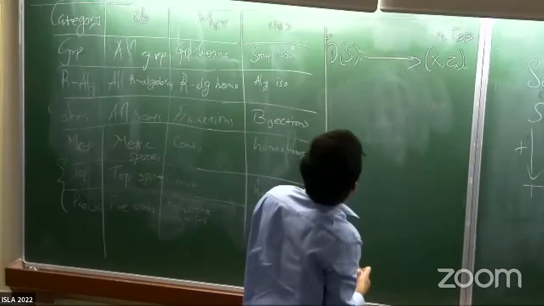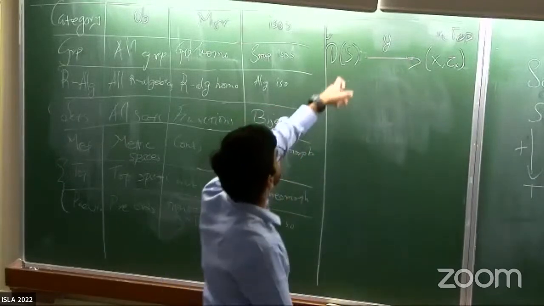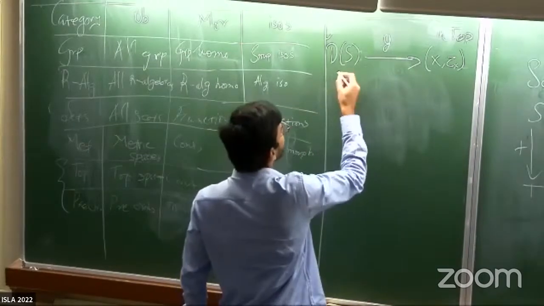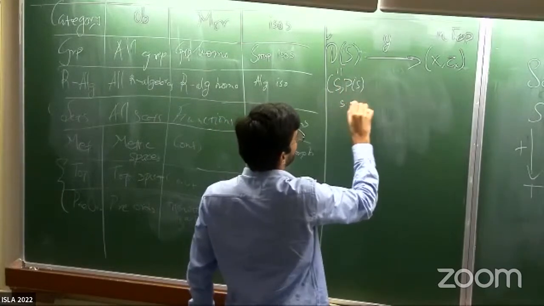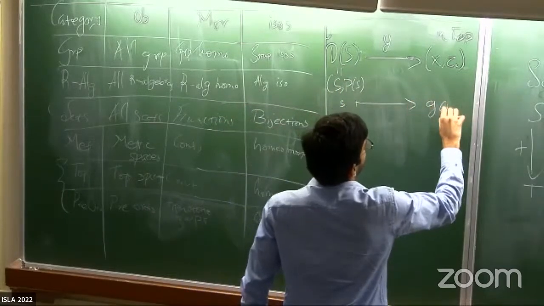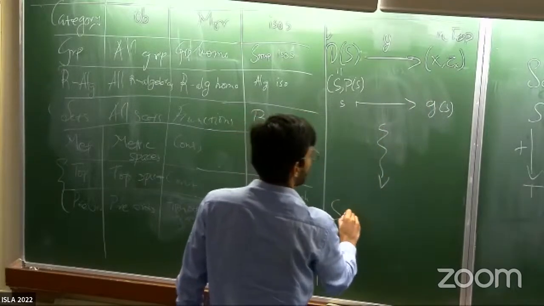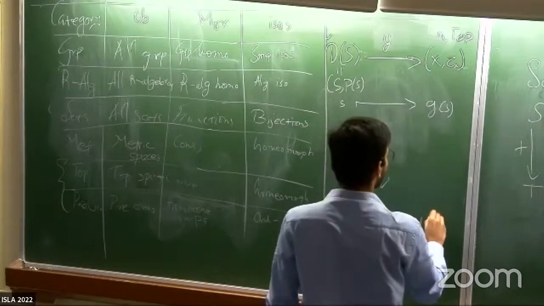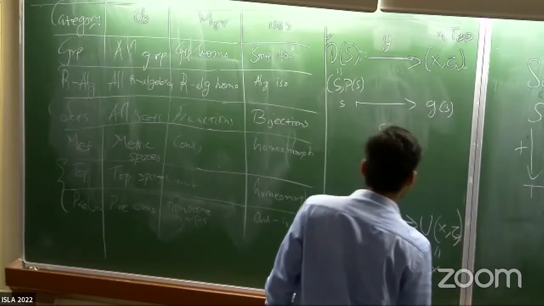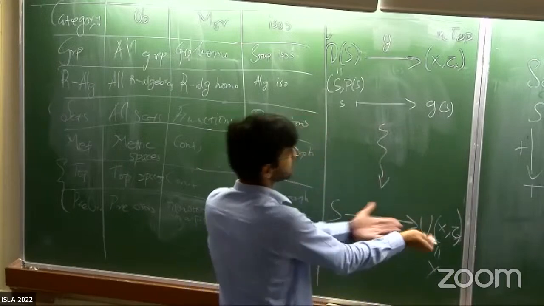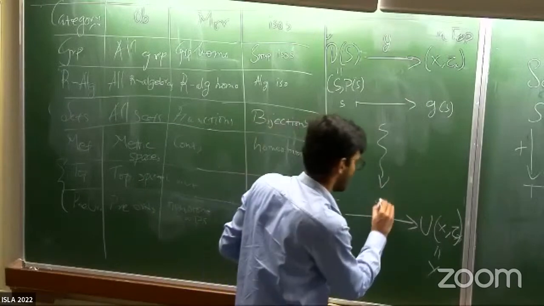For the sake of distinction, we make it G. This is a discrete space on S, S comma PS. And this is taking an element S to G(S) in Top, but I can get a set map out of it again from S to the underlying set of (X, tau X), which will simply be X. Now I want a set function here, so I can just take G as it is.